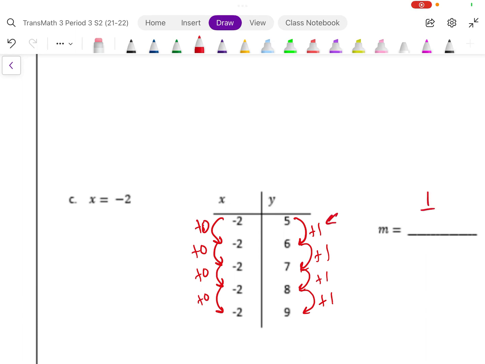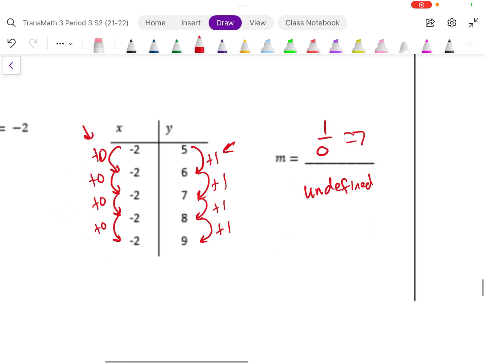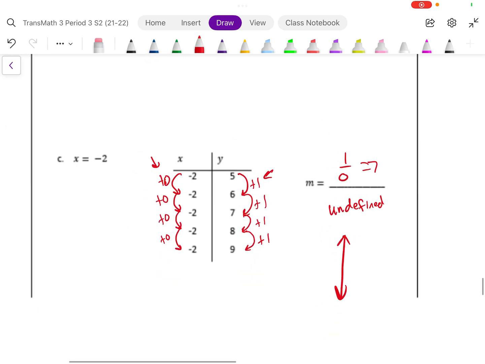Change in y over change in x, and again, we cannot divide by 0, so this is a case where we have an undefined slope. And again, one last time, undefined slope is when we have our vertical lines.